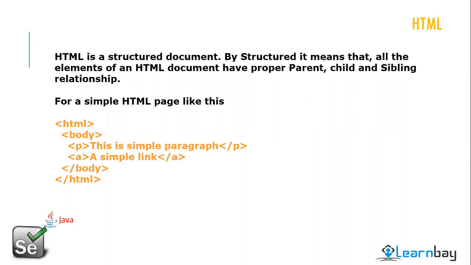What is HTML? HTML is something that we deal with every day. It is the hypertext markup language, which is a language that we use to build a normal web page. Every HTML page will have a structure.